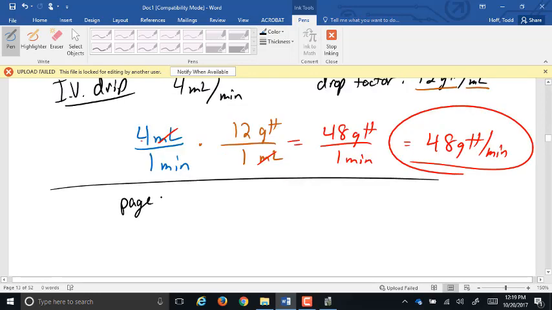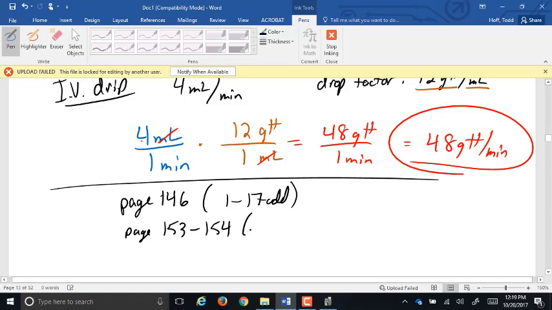We will talk way more about dosage calculations next week. For now, in your book, page 146, 1 through 17, the odds. Page 153 through 154, the 1 through 15 there, that is the vocabulary that we talked about last week.